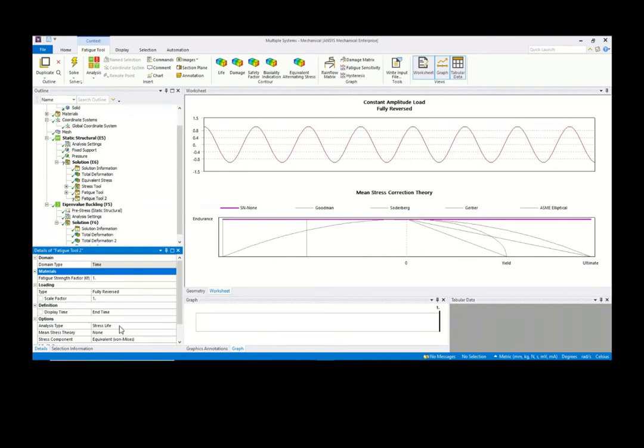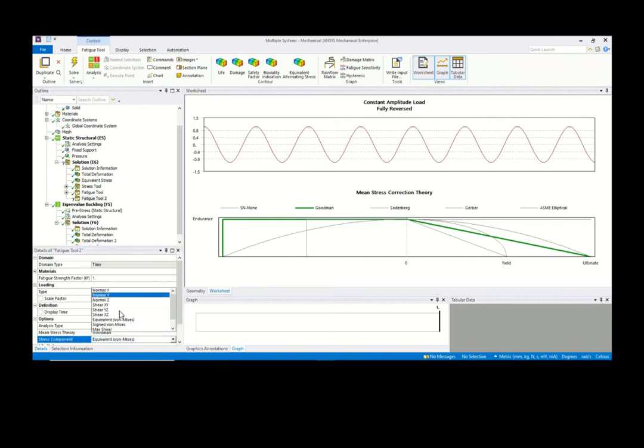Then for the analysis we have to choose. We are using stress, looking into equivalent stress, so we determine the stress life. Then for the theory there are so many; we use Goodman. For the stress component you can use different types, but here we are using the von Mises stress, the equivalent stress itself, with Goodman theory.